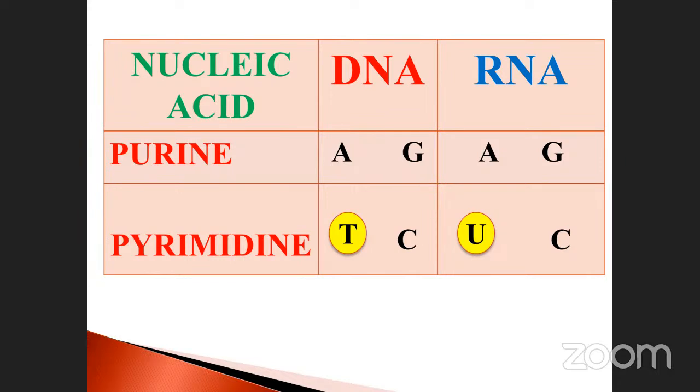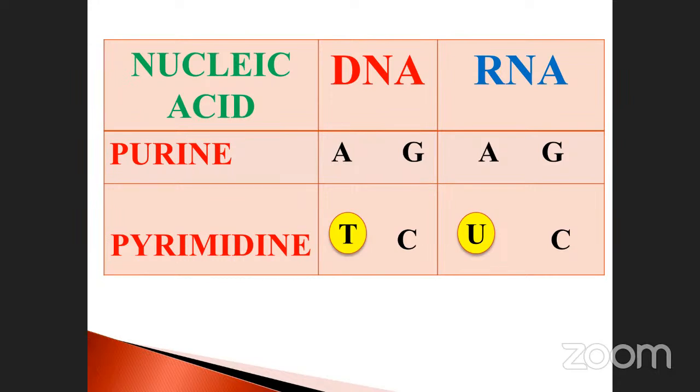Do you know? Three nitrogen bases united together form a codon that encodes a single amino acid. When you study the translation process, we will calculate it. So AUG is the starting codon. We'll discuss that in future also.